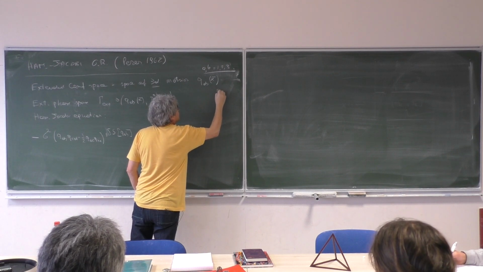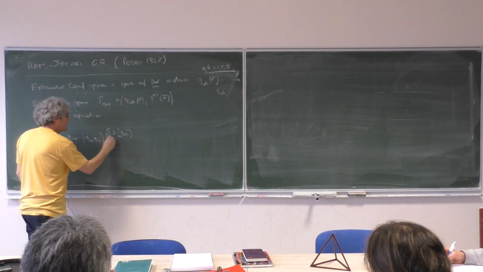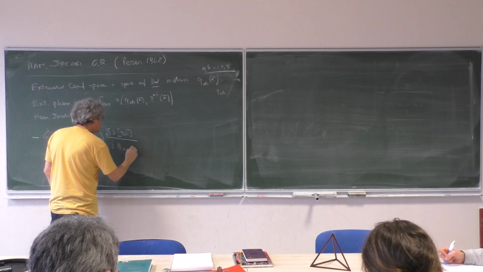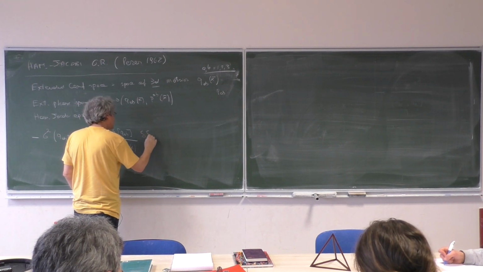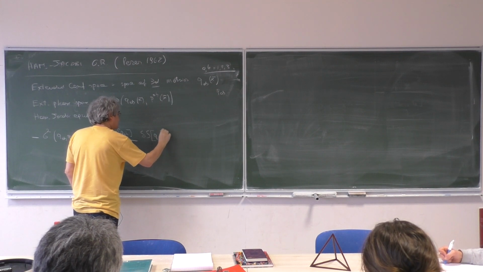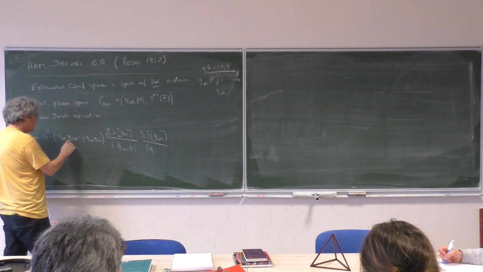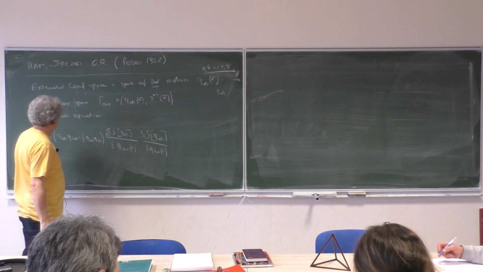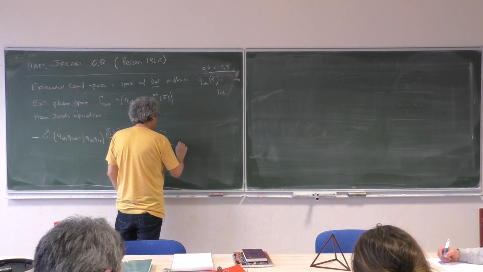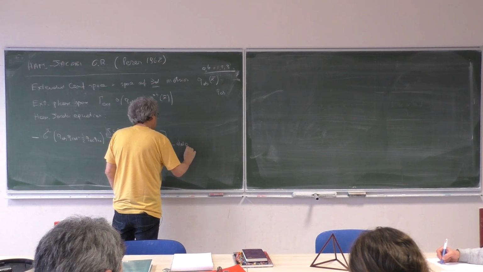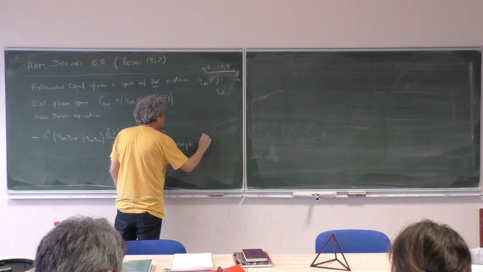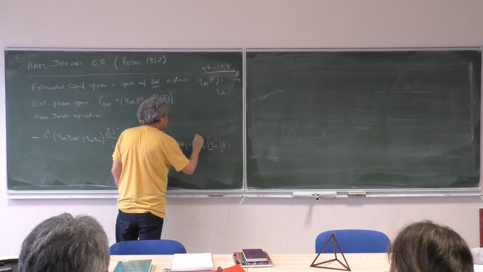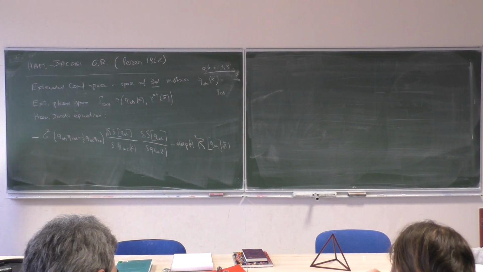I also use the notation q_AB simply without putting the x explicitly. Functional derivative with respect to q_AC(x) times the functional derivative with respect to q_BD(x), minus, what is it? Determinant of q, which is a function of x, times the Ricci scalar of q_AB, which is also a function of x. This is the three-dimensional Ricci scalar of this three-metric here.